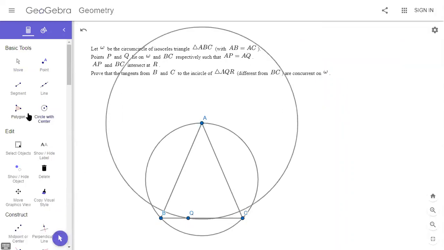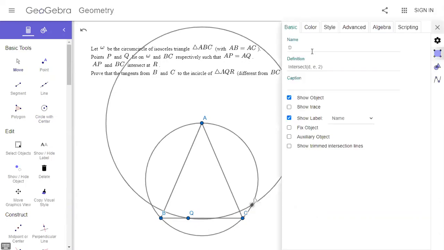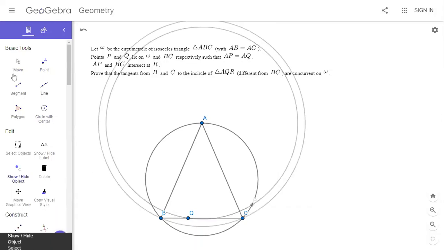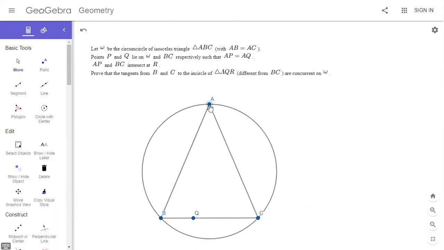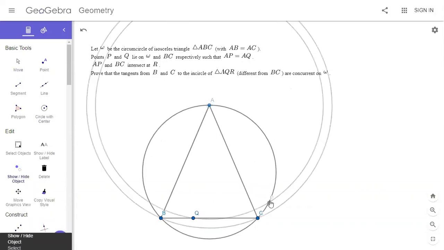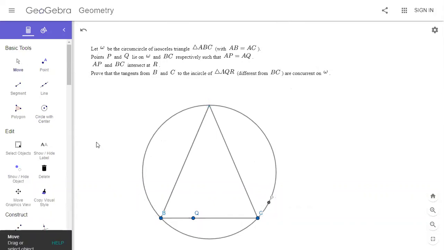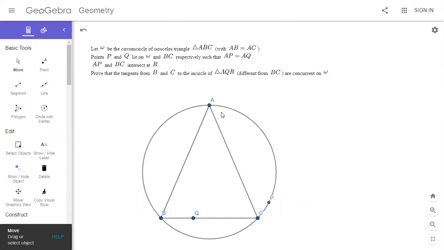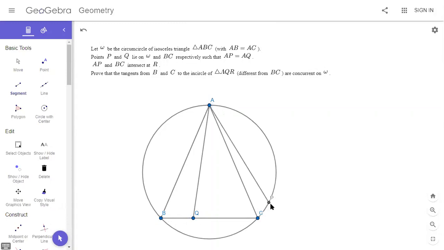So AP is equal to AQ. All right, I keep hiding stuff that I don't want to hide. All right, so AP equals AQ. AP and BC intersect at R.